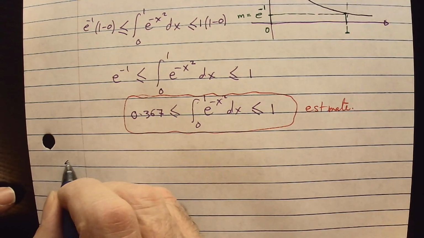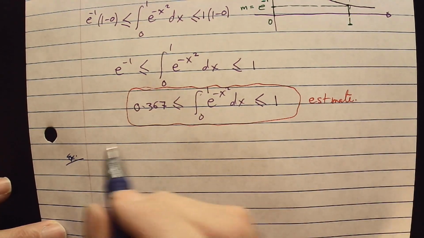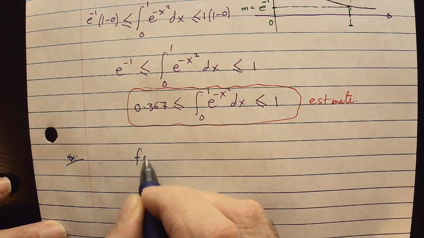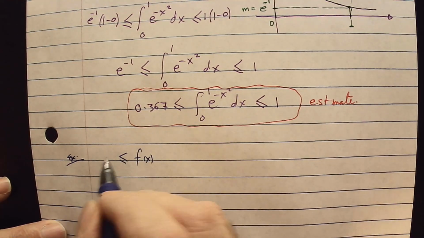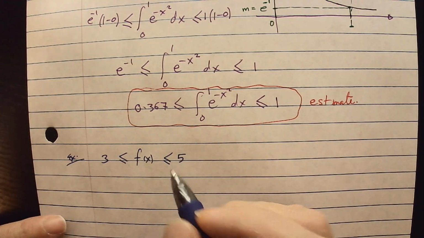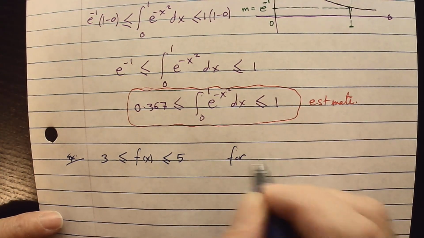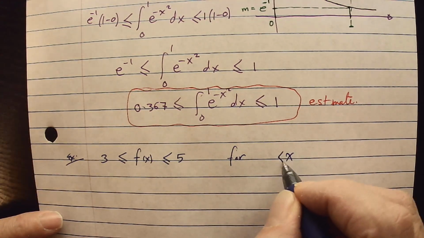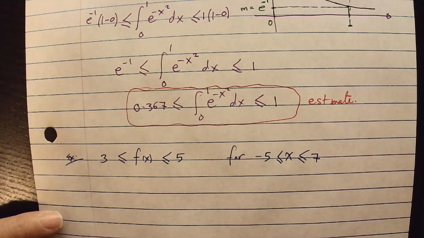Alright, next example is: given a function f of x that is estimated to be between the two values 3 and 5 for the values of x going between negative 5 and 7.